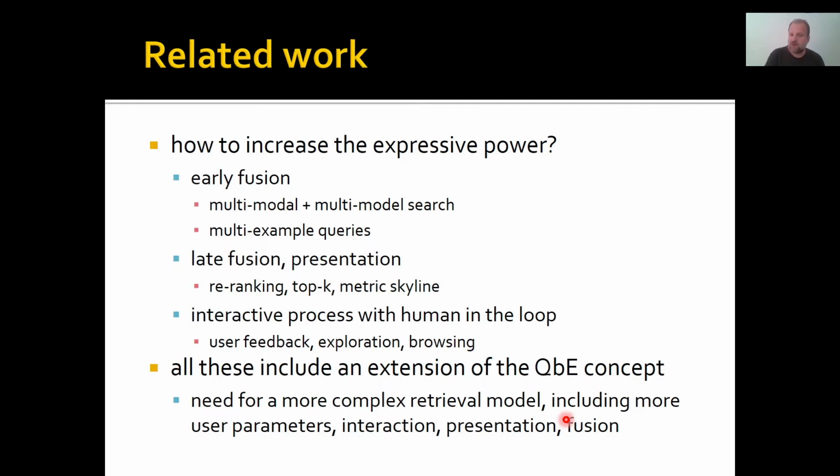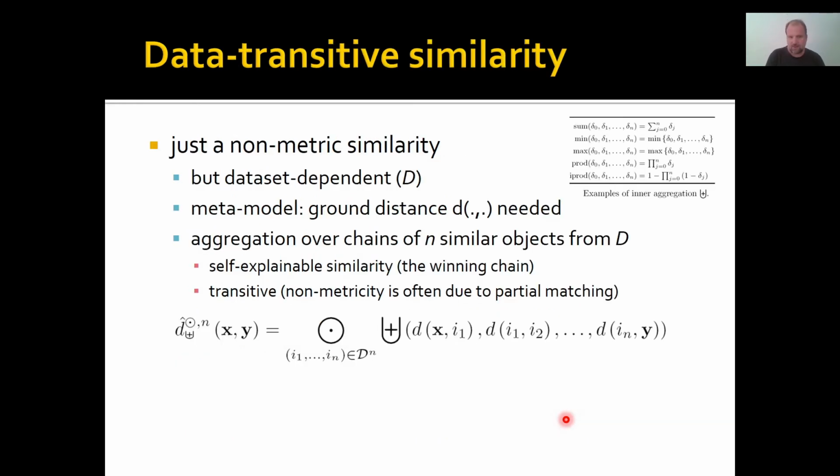still a similarity function. And this similarity function we call data-transitive similarity, and basically it is just a variant of a non-metric similarity function. The difference from other functions is that this similarity function is dependent on the data set.